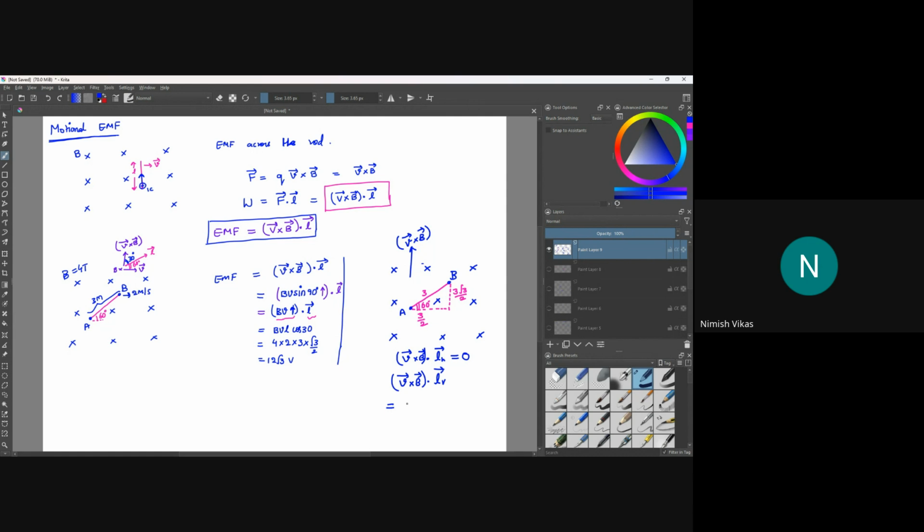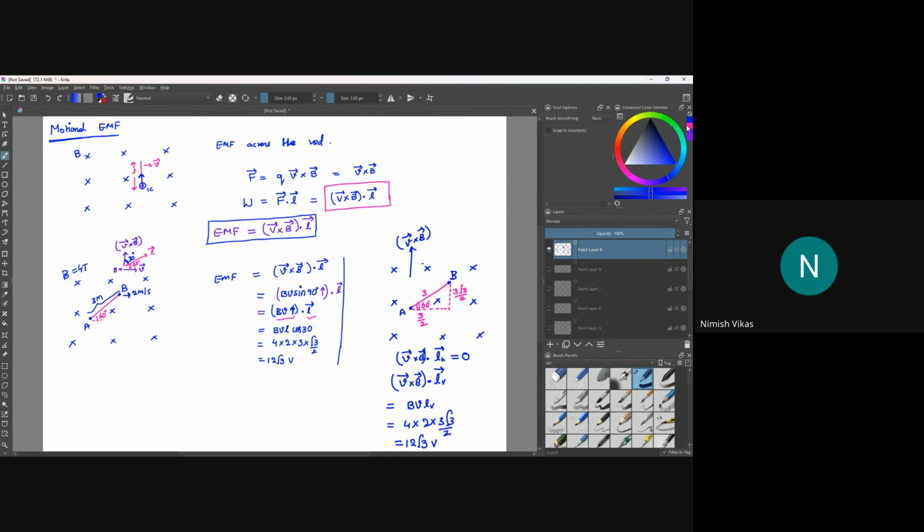So that is going to simply give you B into V into the vertical component of L. Just do the cross product and the dot product, you'll easily get this. So 4 into B is 2 into L is 3 root 3 by 2. That will also give you 12 root 3 volt.